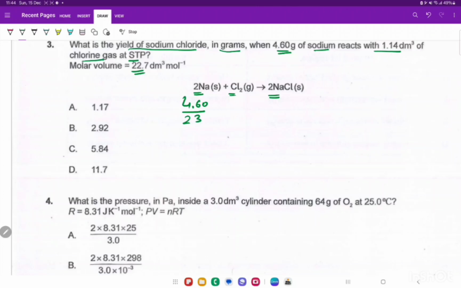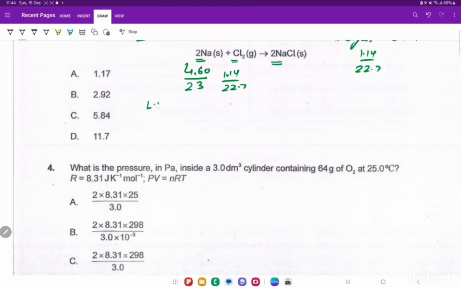And we know 1 mole of a gas at STP is 22.7 dm cube, so the moles from the volume given is 1.14 divided by 22.7. This will be the moles of chlorine.